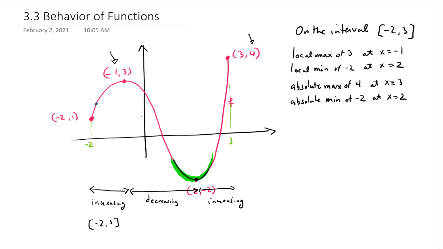If I take 2 points on the curve where the x values are contained in the interval I'm looking at, no matter which points I take in this interval, the average rate of change is positive.